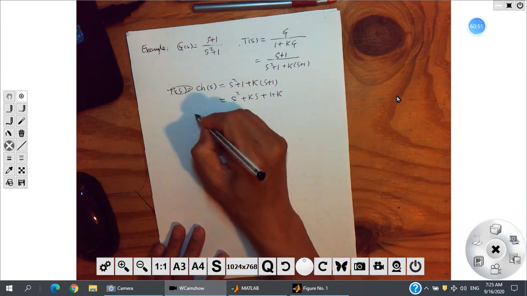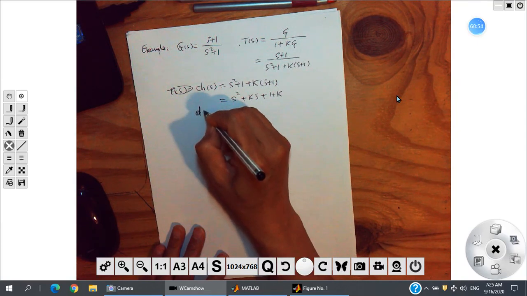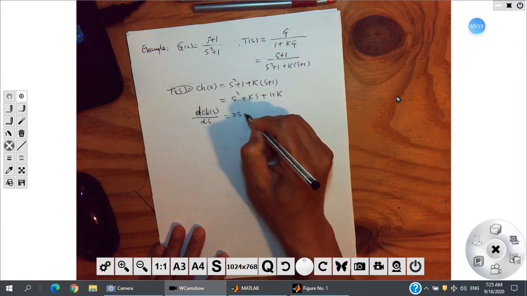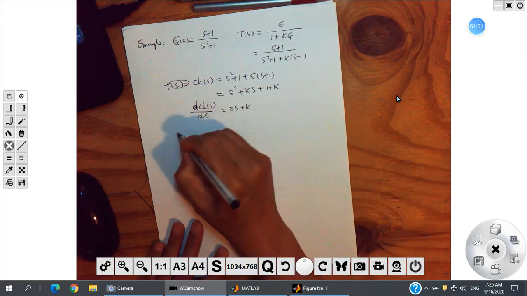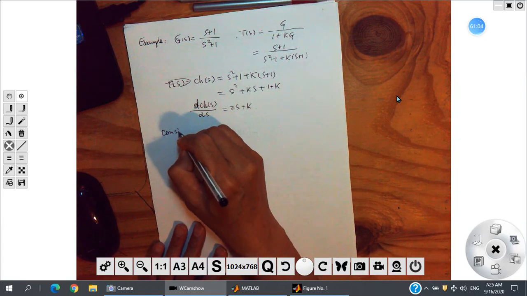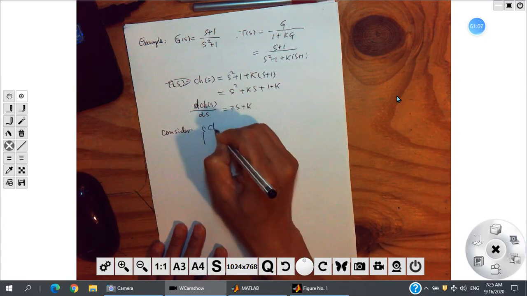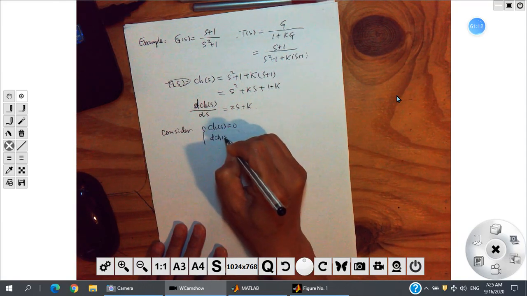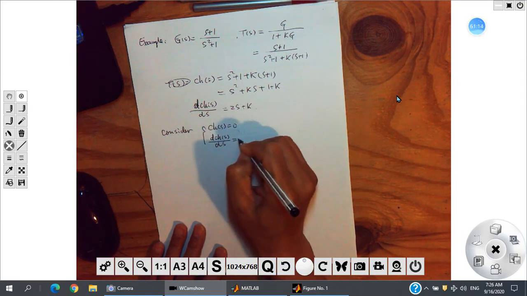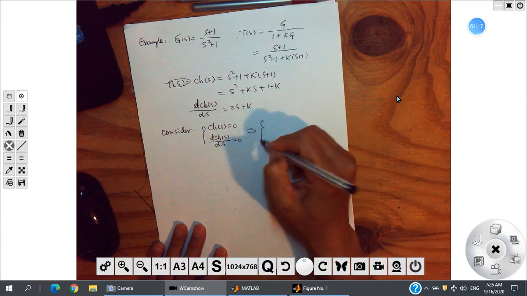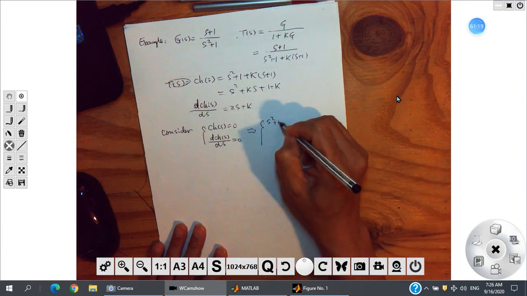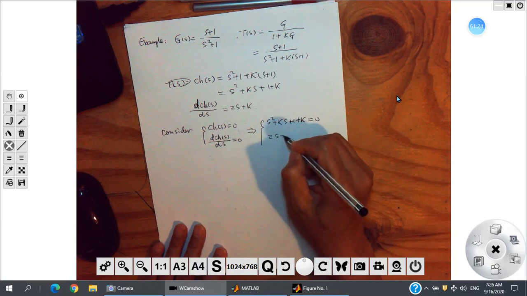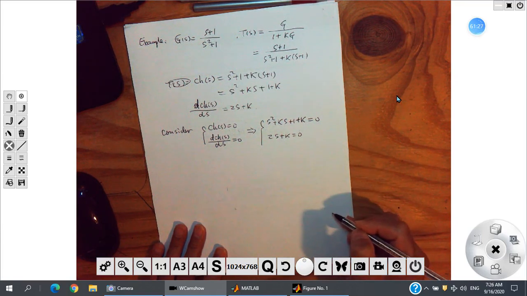Then take the derivative. This is 2s plus K, right? Consider the equation equal to 0 and the derivative equal to 0. Then we have s squared plus Ks plus 1 plus K equal to 0, and 2s plus K equal to 0. This will be easy to solve.